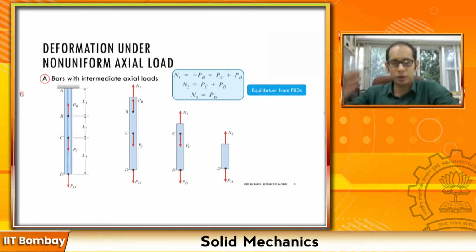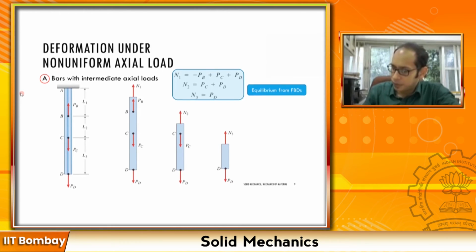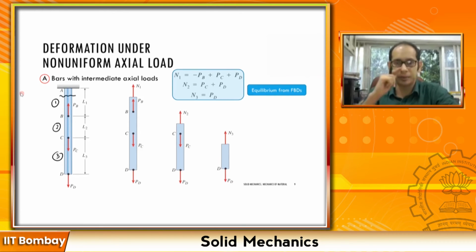Again, if you cut individual sections and look at the internal stresses, let me mark this as section 1, this is section 2 and this is section 3, right? Here if I cut a cross section at a random point, I am going to have this particular force N1, and if I balance out these forces, N1 equals minus PB plus PC plus PD.